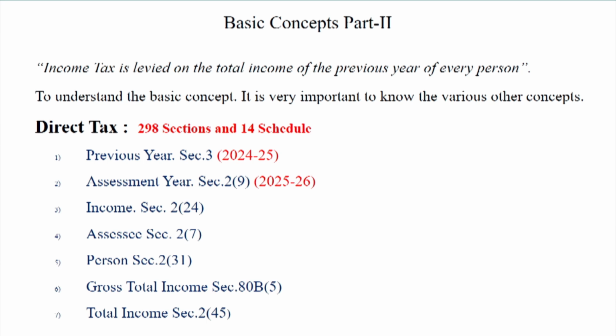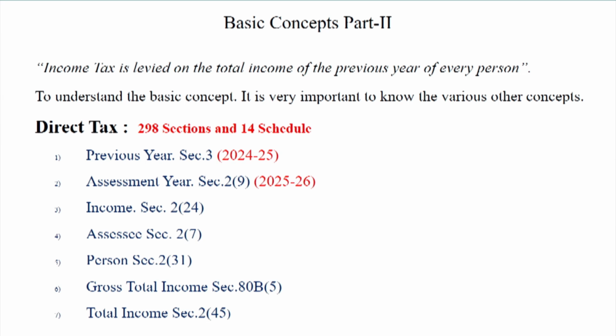Second, assessment year. Section 2 subsection 9 defines the assessment year. Assessment year is the year in which the assessee pays the tax on the income of the previous year.